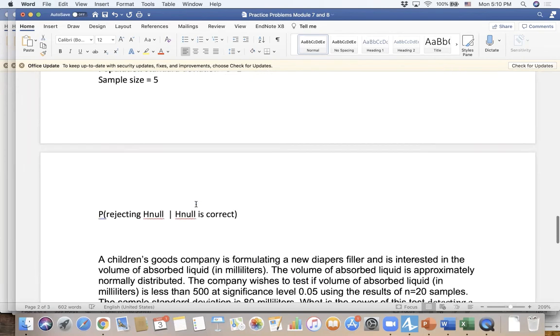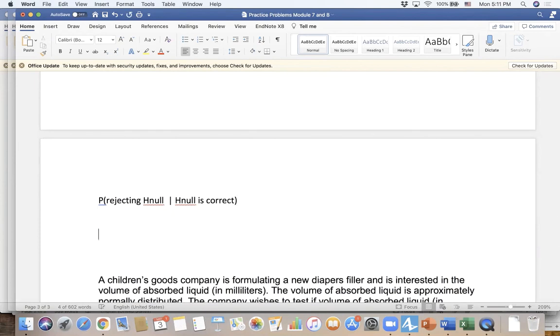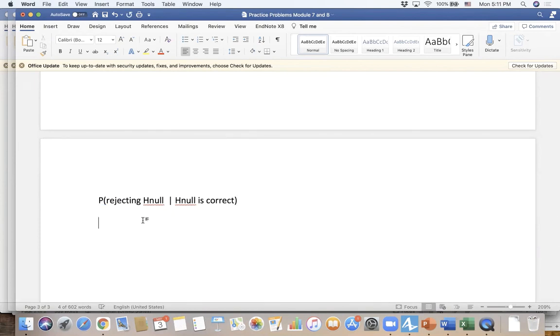Rejecting H null means the sample average is not in this range.